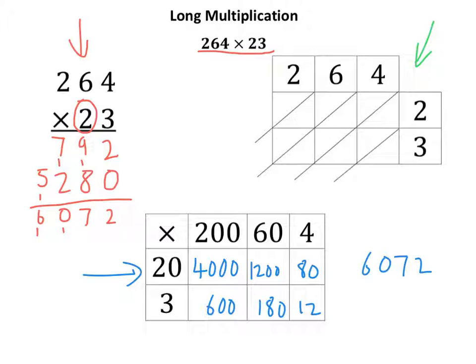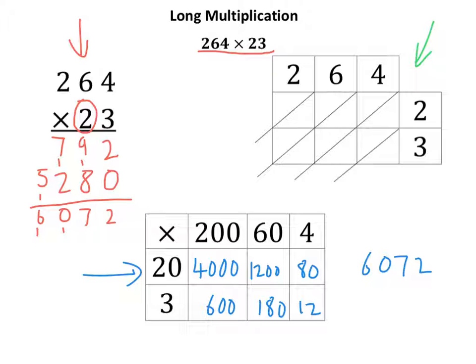Now, I'm going to show you this lattice method, okay, purely because when you come on to multiply decimals without a calculator, this can be quite good, and I personally quite like this, but I'd like to say, if you're doing it, you choose whichever method suits you. So, I'm going to split up 264, put in a different column, and the 23, the 2 and the 3 go in different rows. Now I'm just going to multiply 4 times 2.